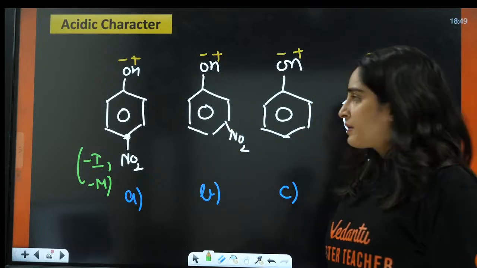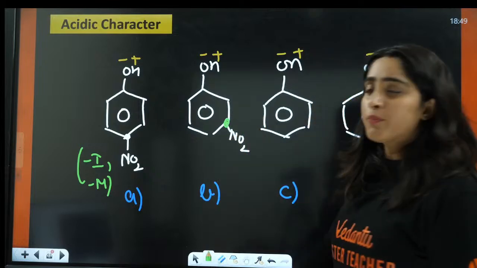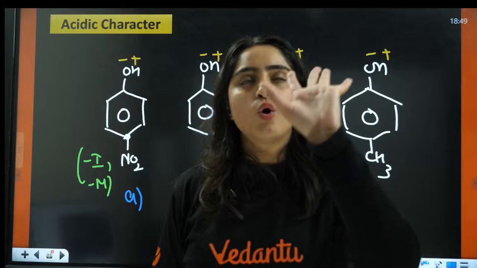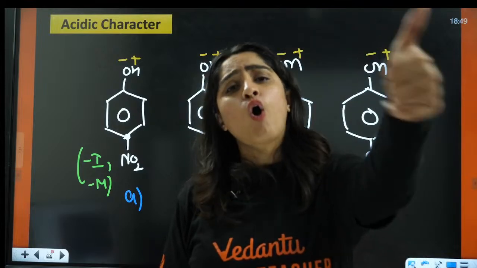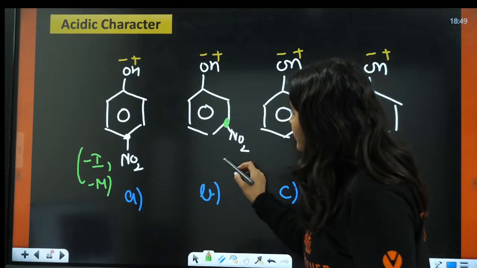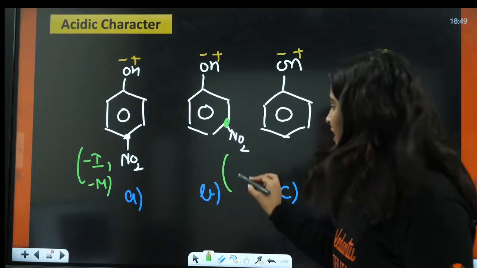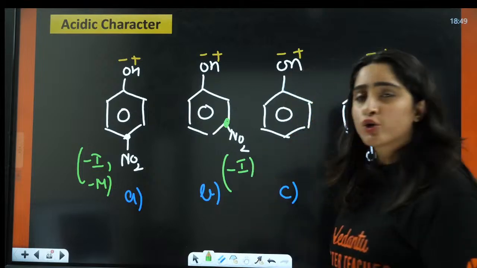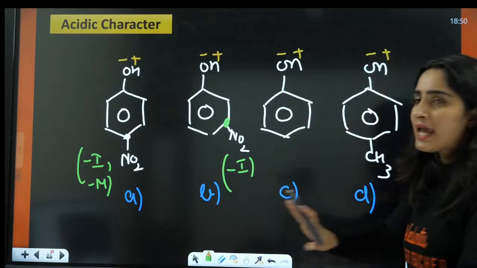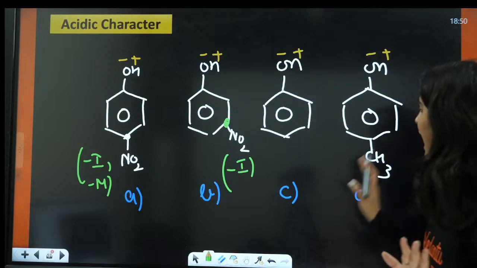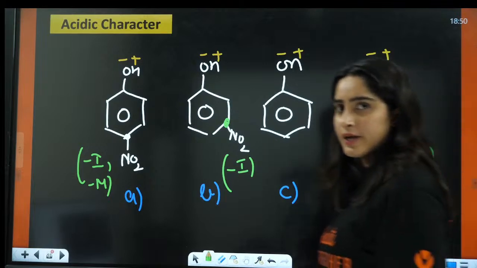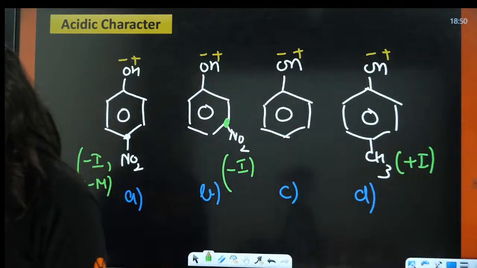And this one, as it is on the meta position, has no mesomeric or hyperconjugation effect, just a minus I effect. Here we see no effect, this is simple phenol, and here we see a plus I effect.